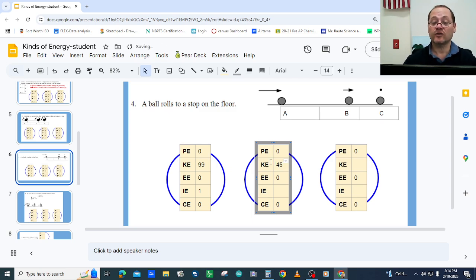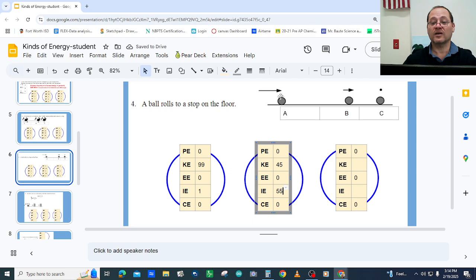So we're estimating the number, right? So it's not the exact value, but it's around a certain amount that is considered reasonable. All right, so let's assign it 45%. And so that means that the internal energy will be about 55%.